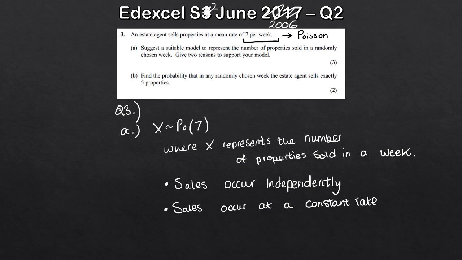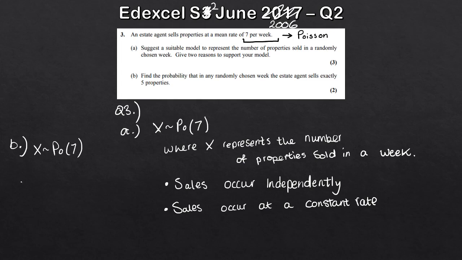Part B then, now we're just working out a probability. So we want to find the probability that in any randomly chosen week, the estate agent sells exactly 5 properties. So what we're asked to find here is using this same distribution, so it's just per week. So x is again a Poisson distribution with mean 7.